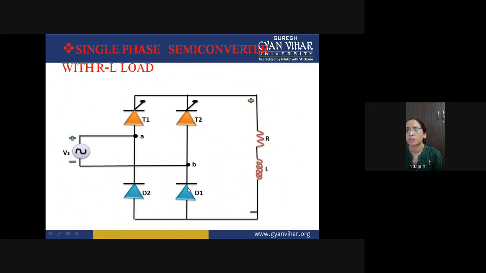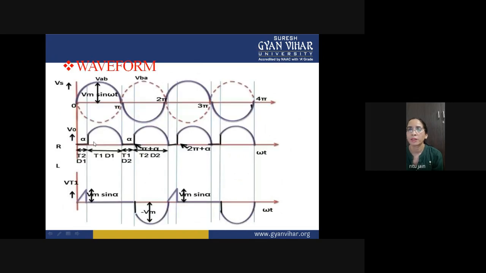T1 and D1 are conducting, and the output voltage you are getting is from alpha to pi. You are not getting output voltage from 0 to pi. You are getting your output voltage from alpha to pi. So this is your positive half cycle, where alpha is your delay angle.